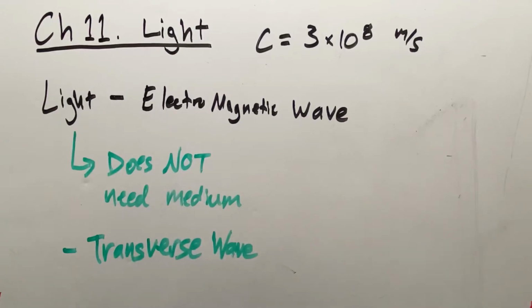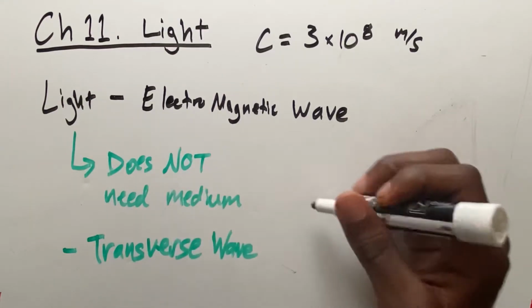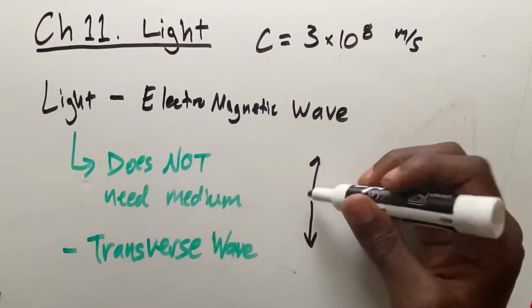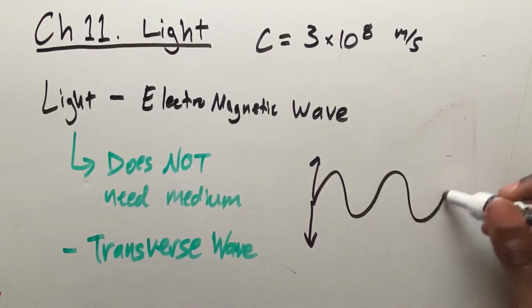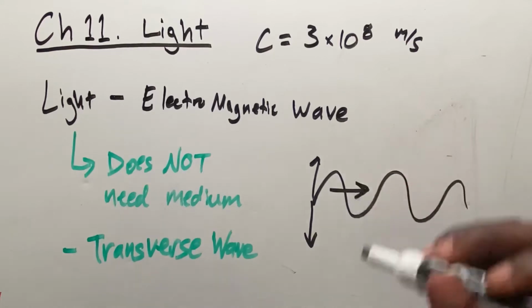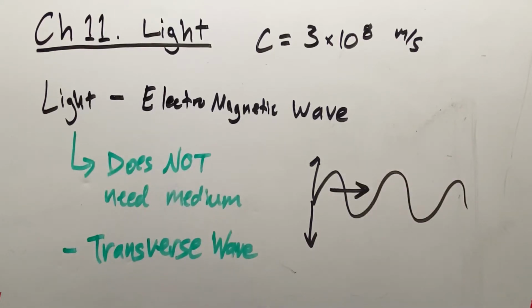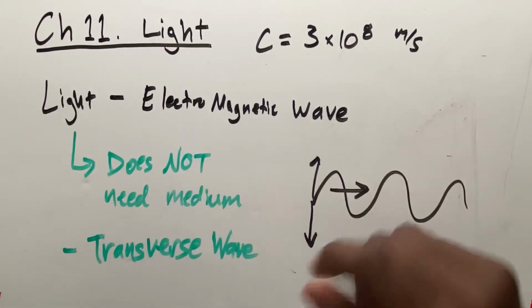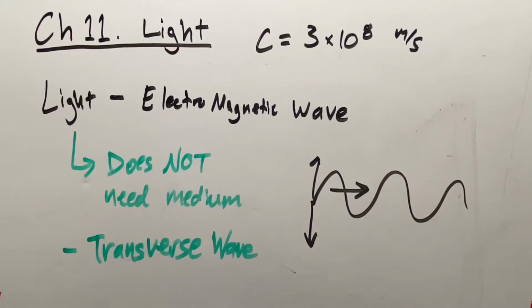So basically a transverse wave is something that's going up and down but the wave's going this way. So this is kind of like a jump rope. If you take a jump rope up and down, the wave goes basically to the left or the right of your up and down motion. So this is, again, a transverse wave.